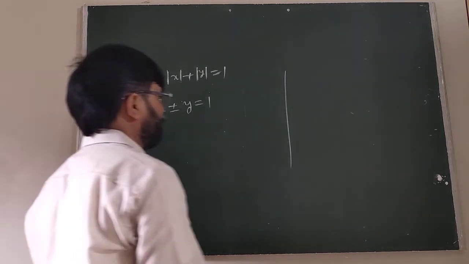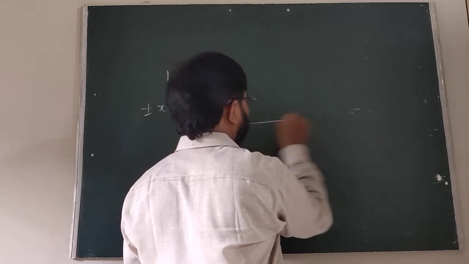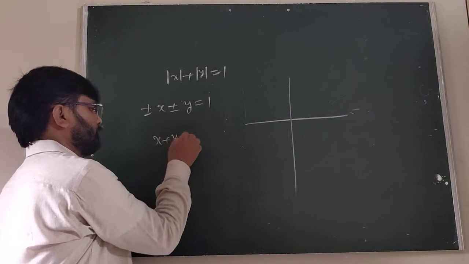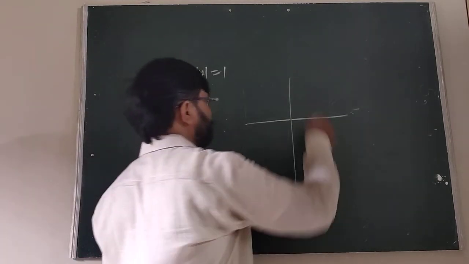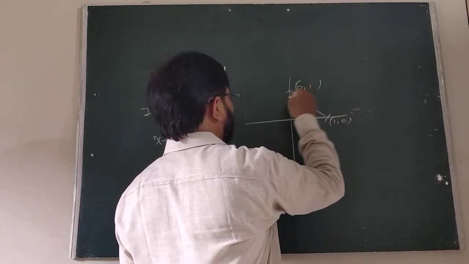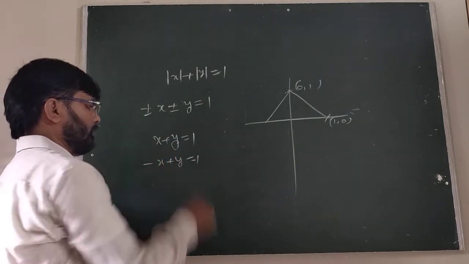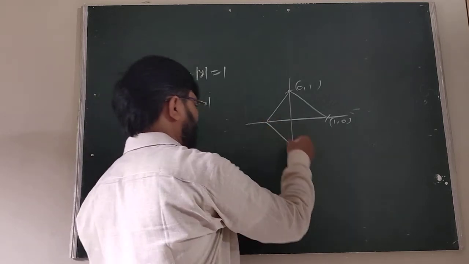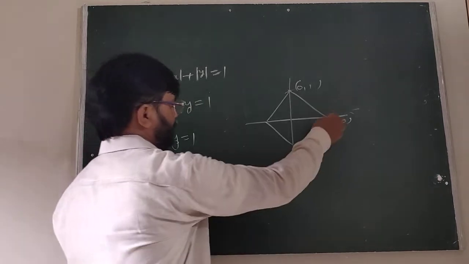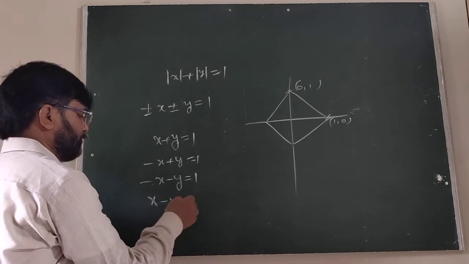First, x plus y equal to 1 is the first line, through 1 comma 0 and 0 comma 1. Another line is minus x plus y equal to 1, and another is minus x minus y equal to 1. The fourth line is with x positive and y negative.